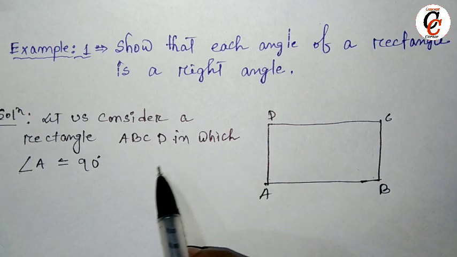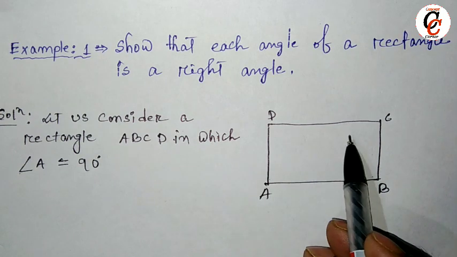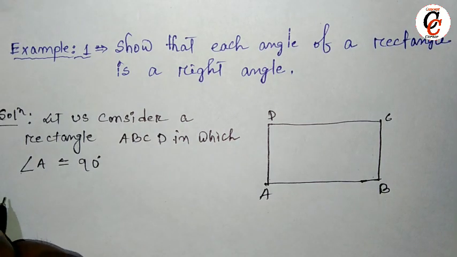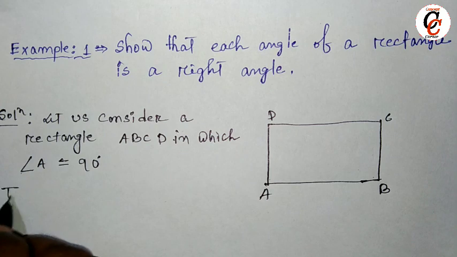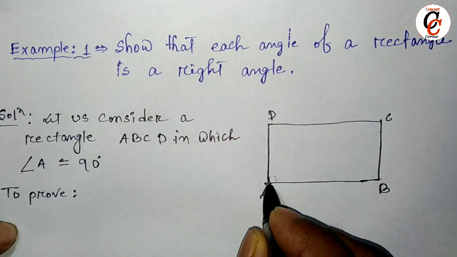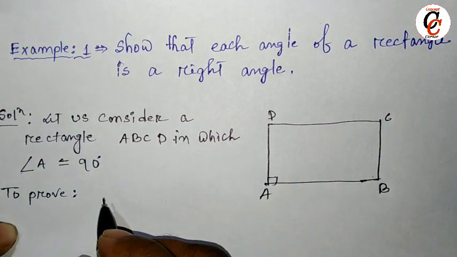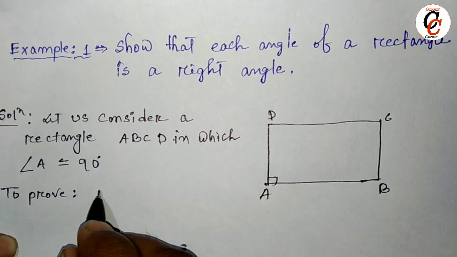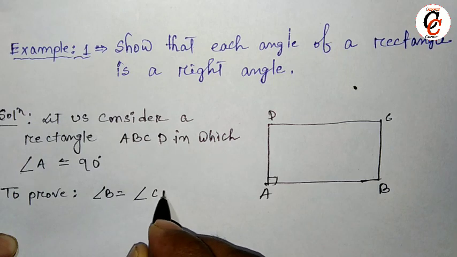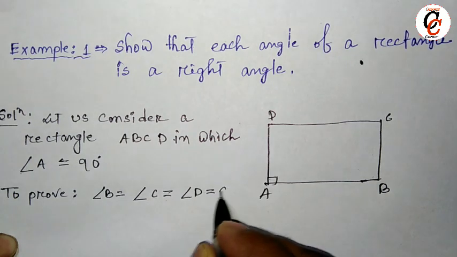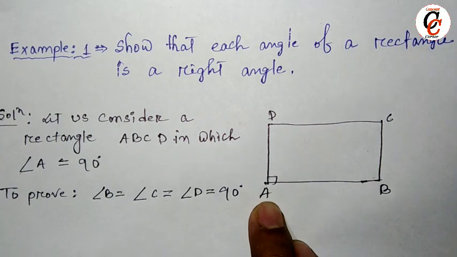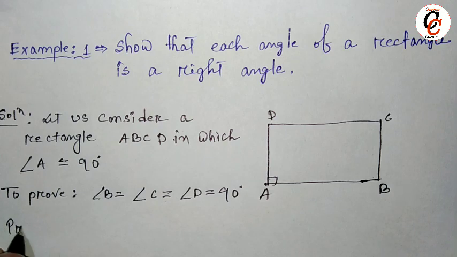We have taken one angle as 90 degrees and we will prove that all other angles are also 90 degrees. To prove: angle B, angle C and angle D are also 90 degrees, since A is already taken as 90 degrees.